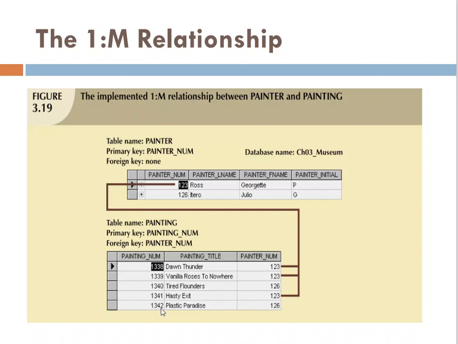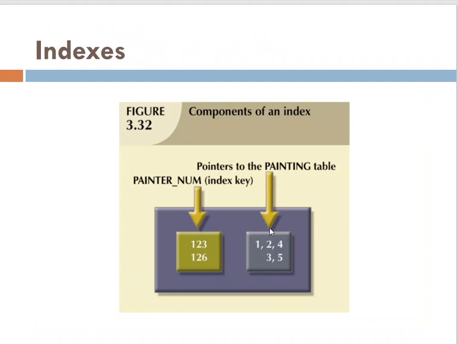Okay, so the pointer will be 3, 5. Okay, so that's why here the pointers to the painting table is 3, 5 for the painter index key painter number 126. So that's how we write the indexes. Okay, on your left is the index key, and then on your right is the pointer. Okay, so by that we finish chapter 3.